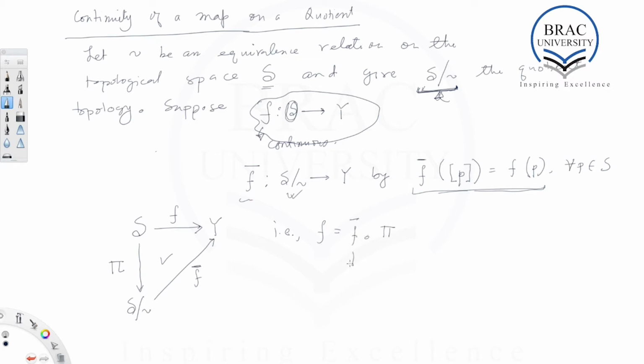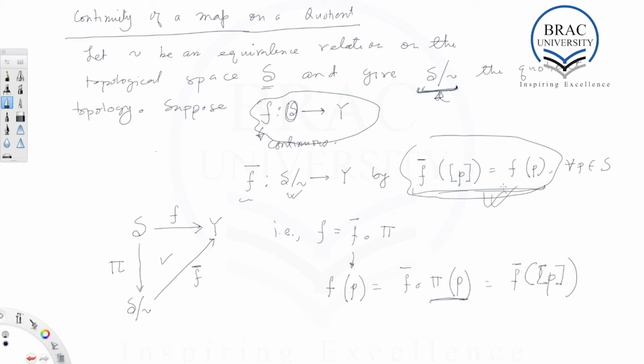This commutativity of the diagram is a consequence of this definition actually, because f of p is equal to f bar composed with pi evaluated at p, and pi of p is nothing but the equivalence class where p belongs, right? Which is this very definition of the induced map.